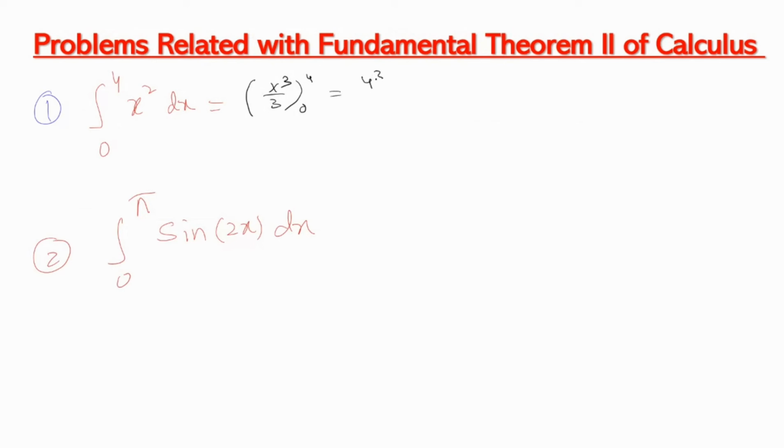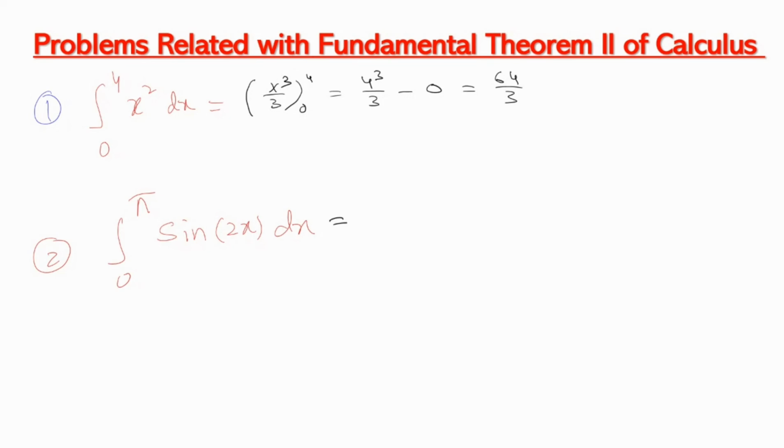So upper limit 4 to the power 3 over 3 minus 0. That means 64 over 3. This is the answer. So for the definite integral there will be no constant c and the answer will always be a numerical number.